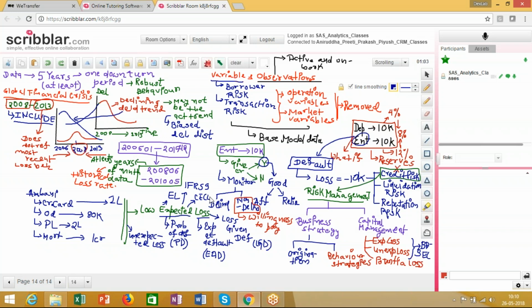The expected credit losses that we use are used to absorb the losses from doubtful debts. So these are provisions, allowances kept aside for loans and these losses to be absorbed. This is what expected losses are.